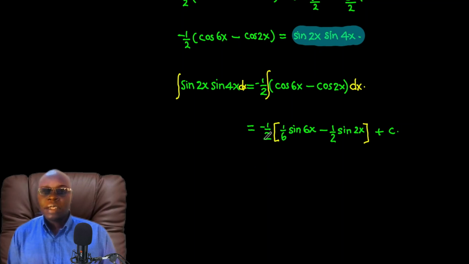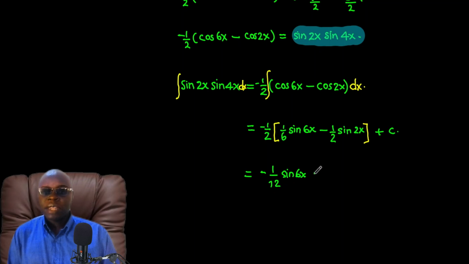Now at this stage we can open up this bracket because our scalar here, negative 1/2, belongs to all the two terms inside this bracket. So we multiply the numerators and things will remain the same. We have here the denominators will also multiply to 12. Now we attach our sine 6x.